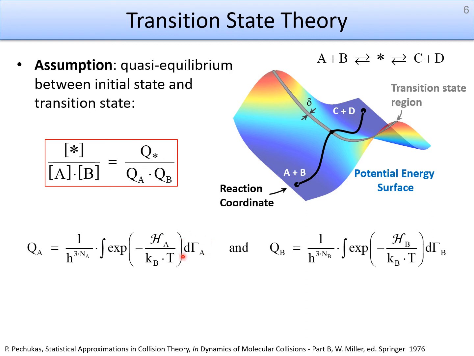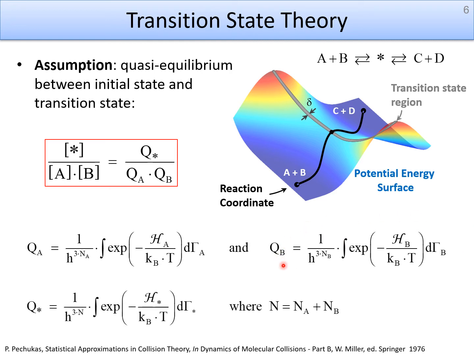We denote the phase space with gamma A for species A over here. And remember that we have this h, which gives us the approximate count of quantum states and also makes the integral non-dimensional. Now, A and B are supposed to be non-interacting with each other when we are at the reactant configuration. So we write a similar equation for the partition function of B.